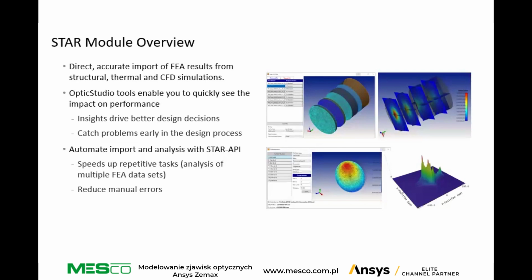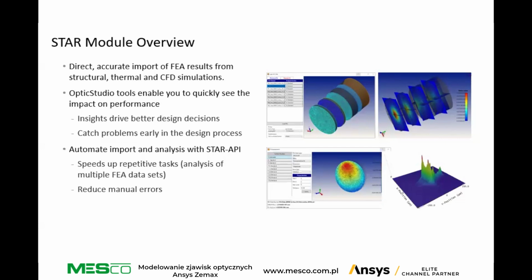It uses robust numeric fitting for accuracy, and it also has some visual tools which are easy to use to visualize the impact of these loads in your system. In this case, we are using Mechanical because it's from Ansys, but STAR is platform agnostic, so you can load FEA data from any platform.